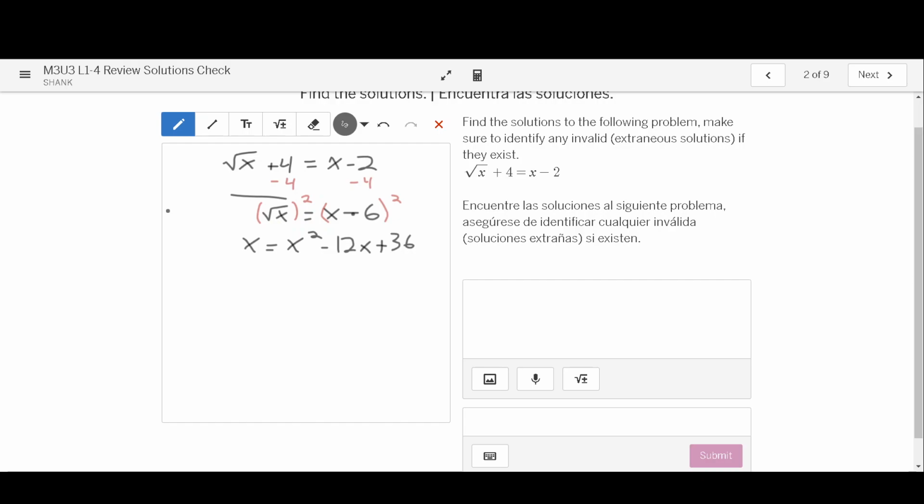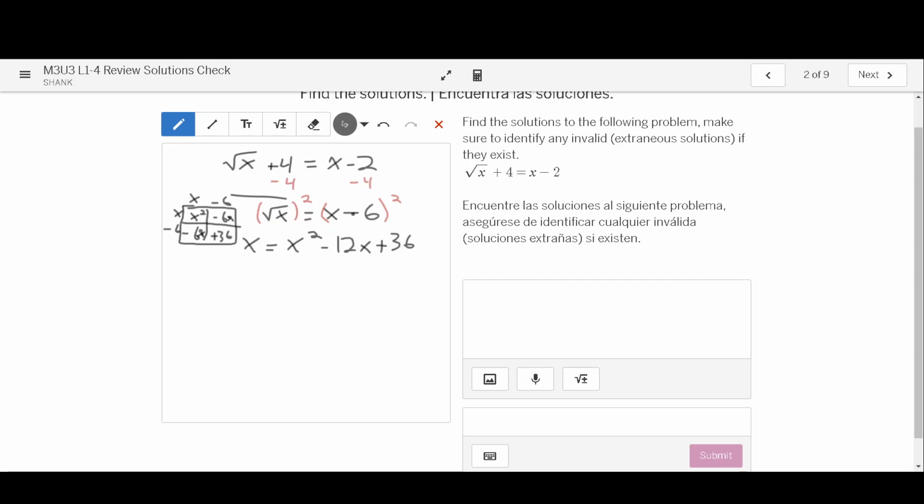You can draw a little box for yourself. I have x minus 6 and x minus 6, so this is x squared, this is negative 6x, this is negative 6x, and this one is positive 36.